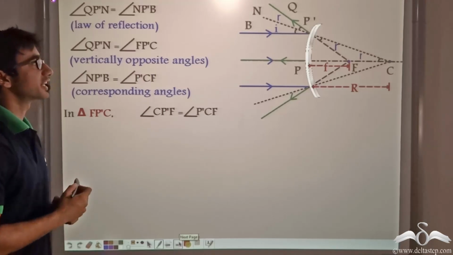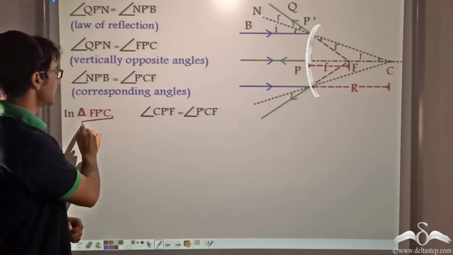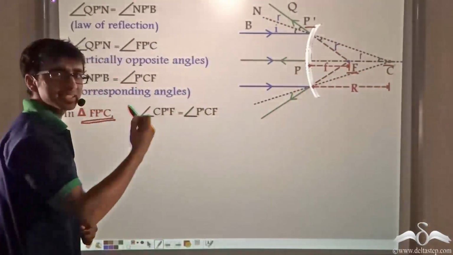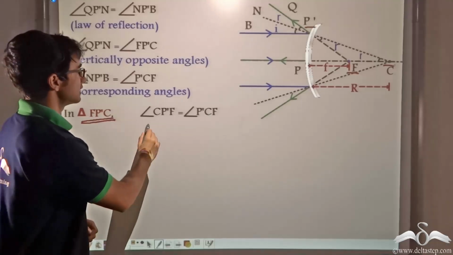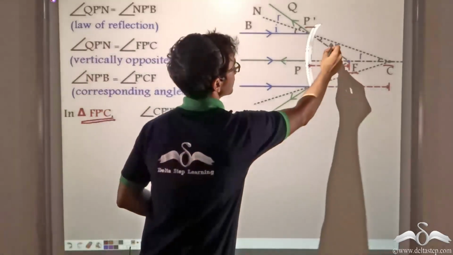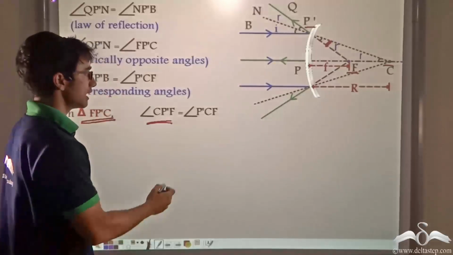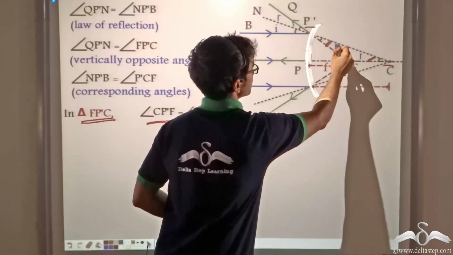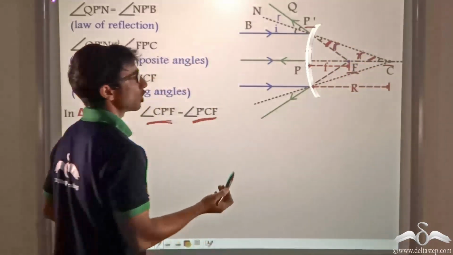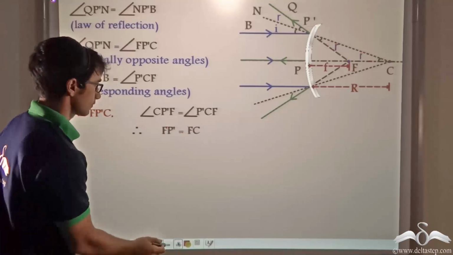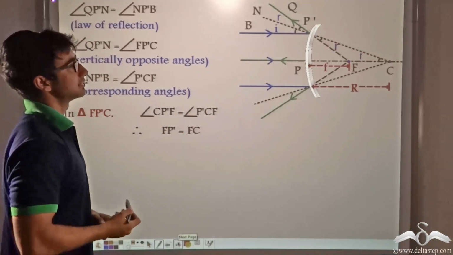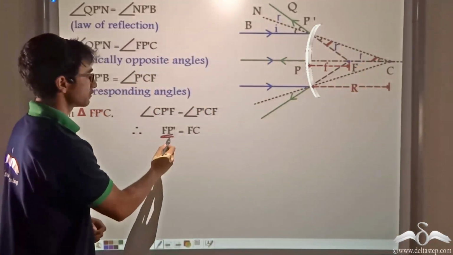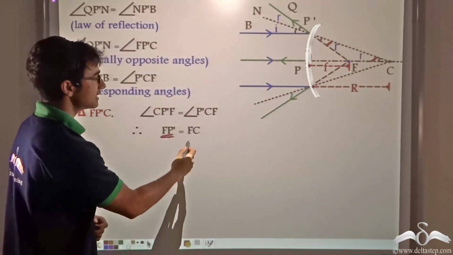So now we consider a triangle, that is triangle FP dashed C. In this triangle, we have angle CP dashed F, that is this angle, is equal to angle P dashed CF, that is this angle, as both of them are equal to angle R or angle I. Thus, we can say that since this angle is equal to this angle, side P dashed F or FP dashed is equal to side FC.